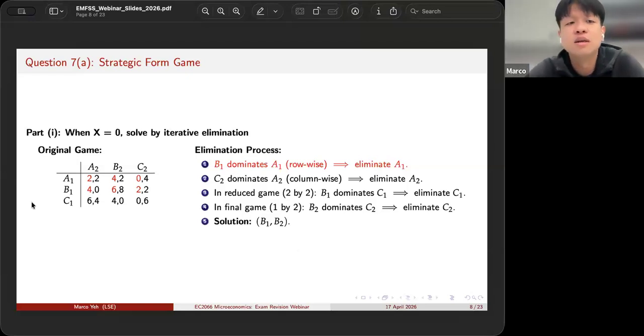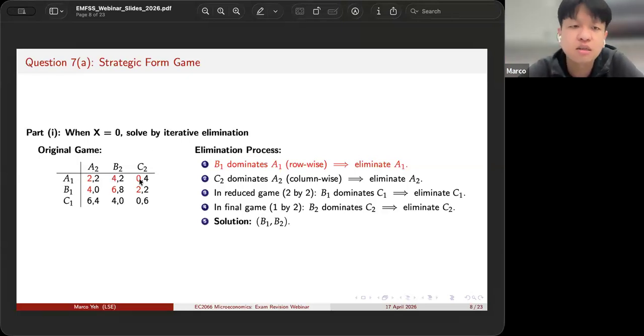The first one: if I'm player 1, I will never play A1 because B1 is always better than playing A1. Why? If I play A1, what will I get depends on the choice of player 2. If player 2 chooses A2, I get 2. If they choose B2, I get 4.